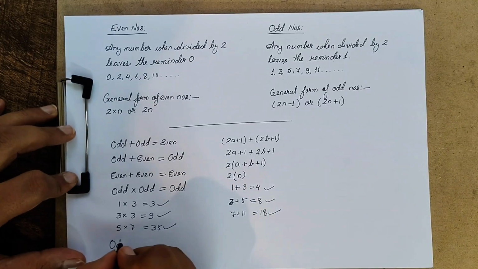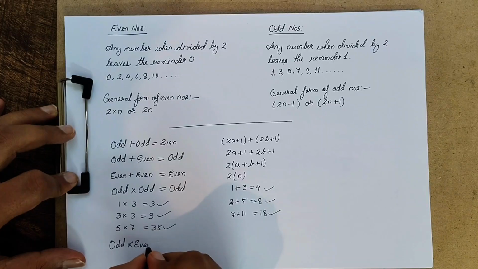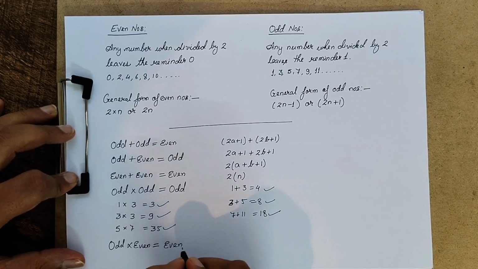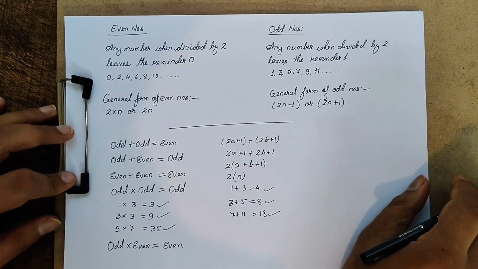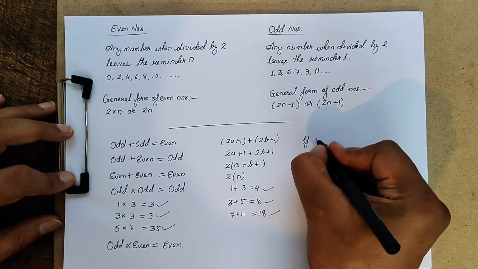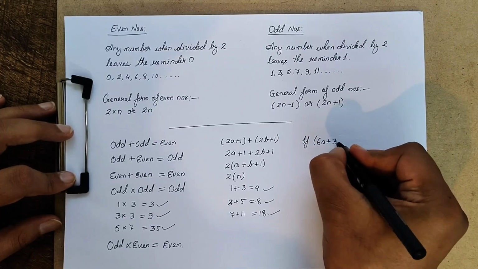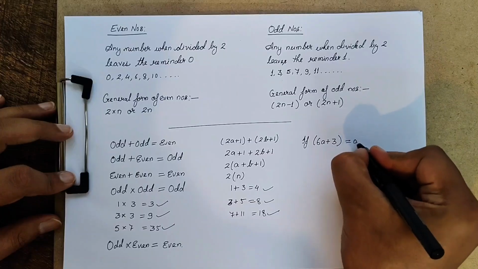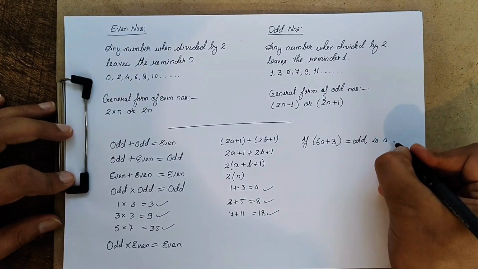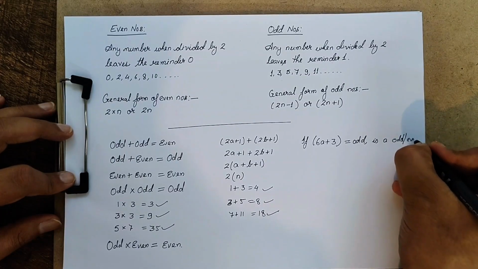Similarly, odd into even equals even. Let us see this with a couple of examples. Suppose 6a plus 3 equals odd. Is a odd or even?